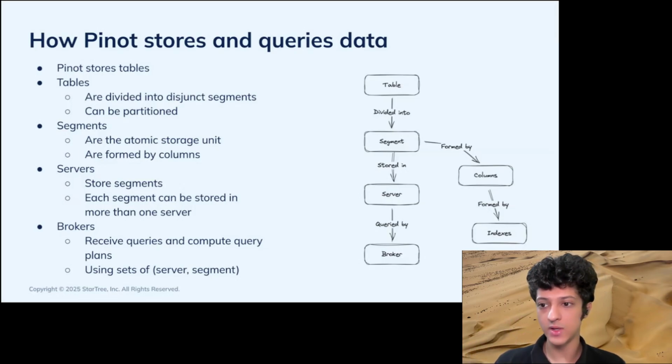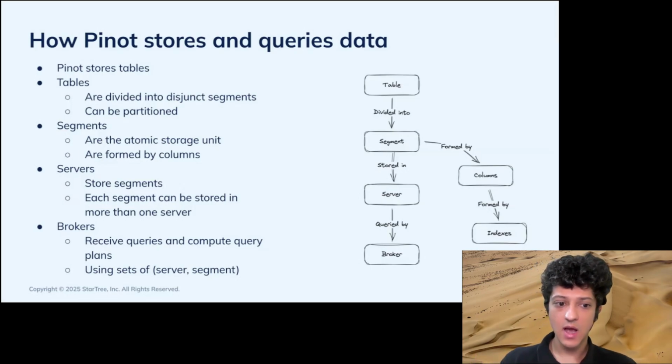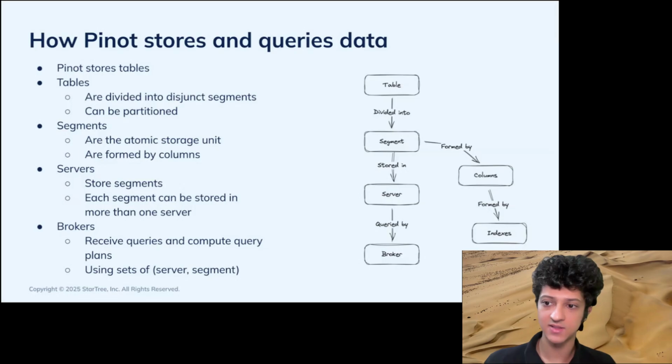Again, remember, Pinot is a columnar data store, and these columns themselves are formed by various single column indexes. We have a dozen indexes, something for every use case. We have an inverted index, a range index, geospatial indexes, JSON indexes, text indexes for text-based search, and various others.